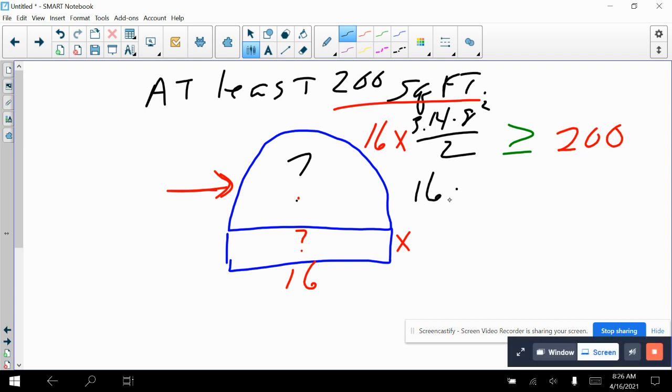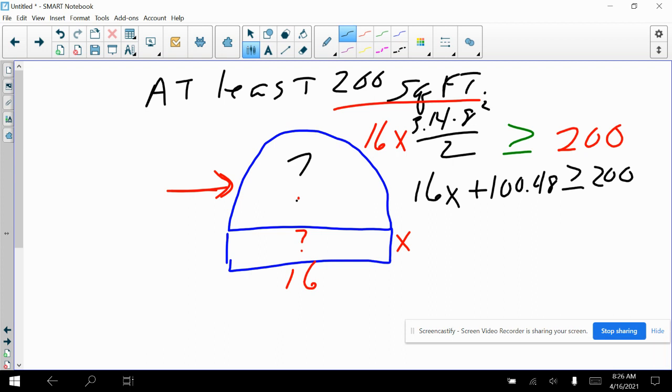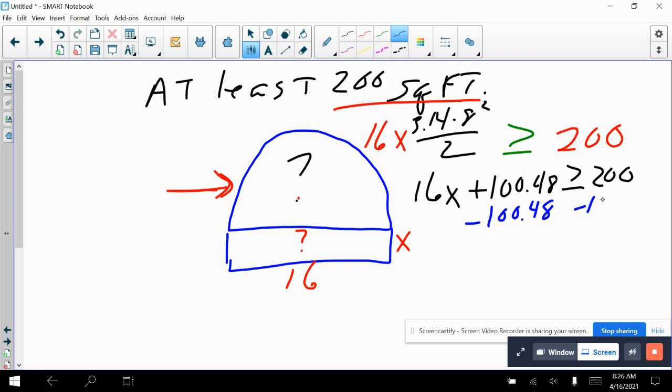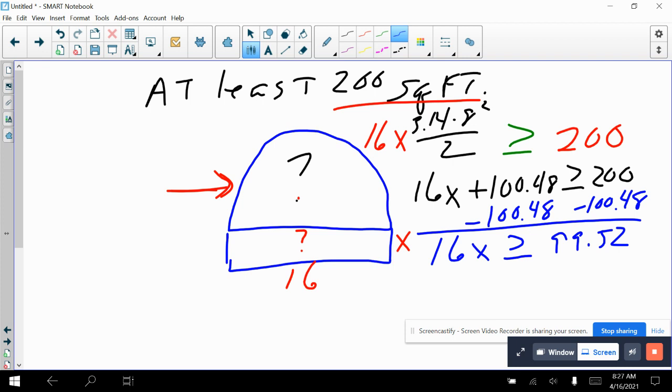All right, so here we're left with 16x. I'll do the math here for you. When we do this, we get 100.48. And of course, we know at this juncture, we're going to subtract 100.48. And we're going to be left with 16x is greater than or equal to 99.52.